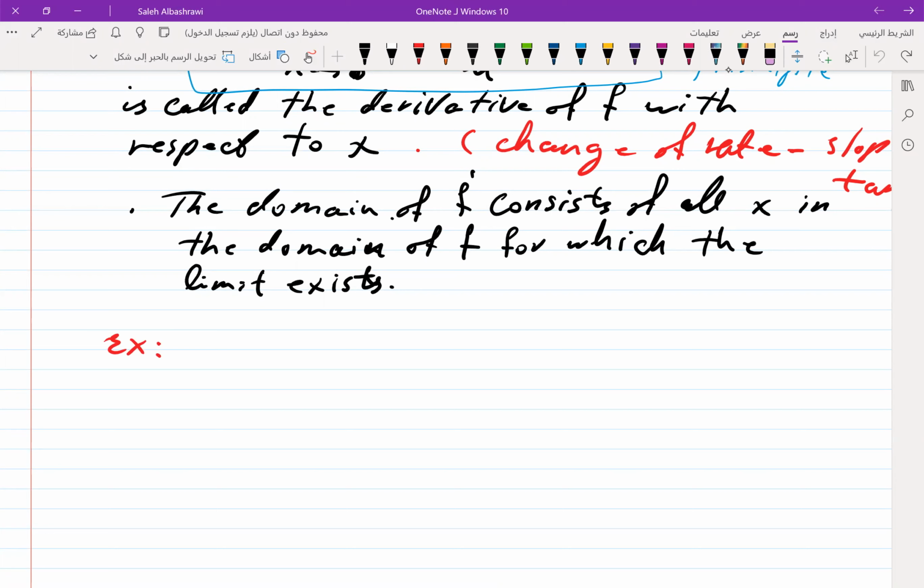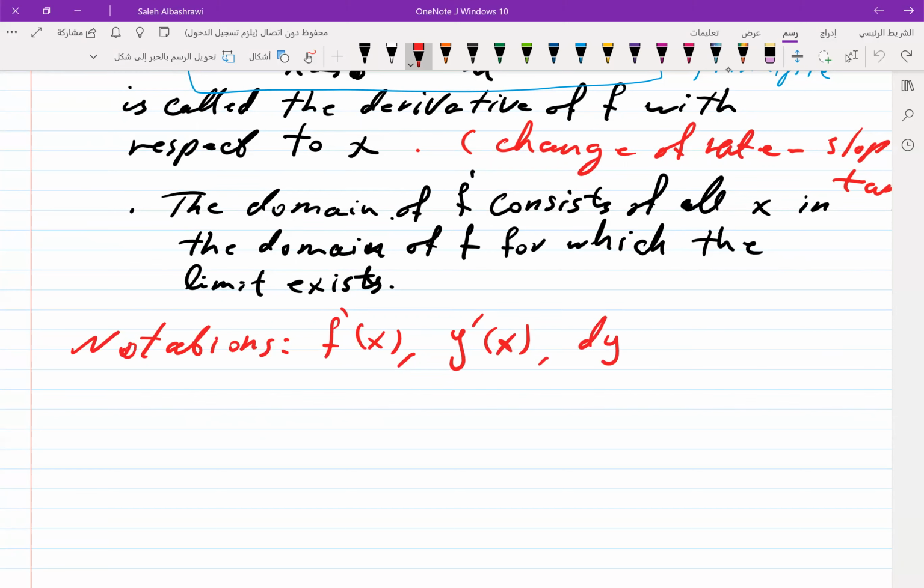Let's apply this definition to find some derivatives. Or before that, let's speak about the notations. The derivative of the function is sometimes written as f prime of x or y prime, or dy over dx, which is the derivative with respect to x, or df by dx.